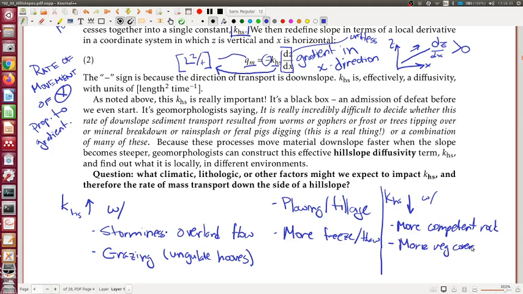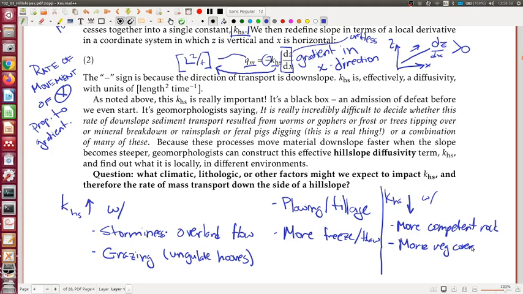We noted that trees falling over can cause tree throw. Trees can also lift up soil with their roots, but then they also hold on to soil. So trees, it's a little unclear what they do, but then vegetation cover in general reduces rain splash and reduces rilling, and so those might be important.